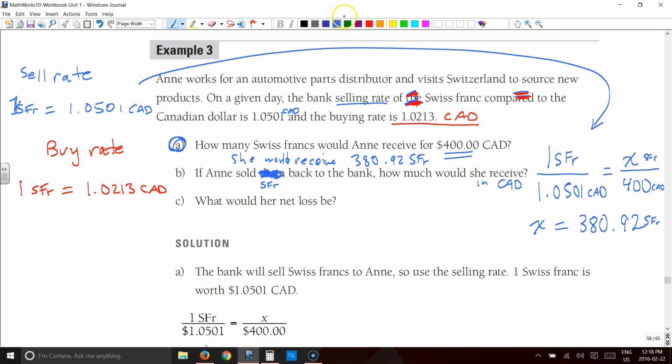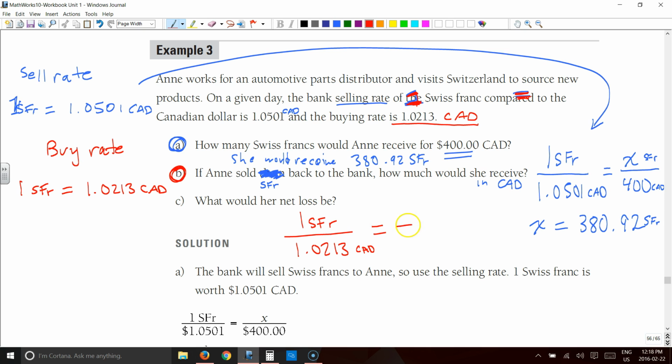So that tells me that we are going to use the buying rate here. Let's take this buying rate and write it as a fraction. 1 Swiss franc, the bank will buy that for $1.0213 Canadian. That's how much the bank will buy it for.